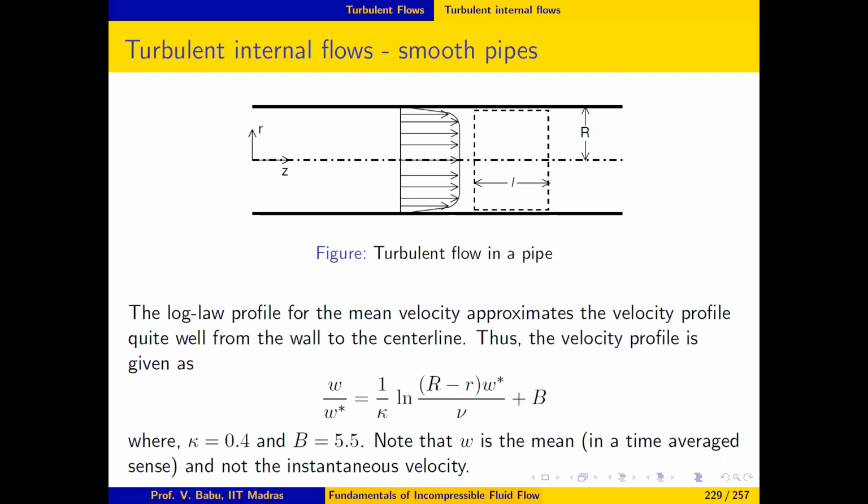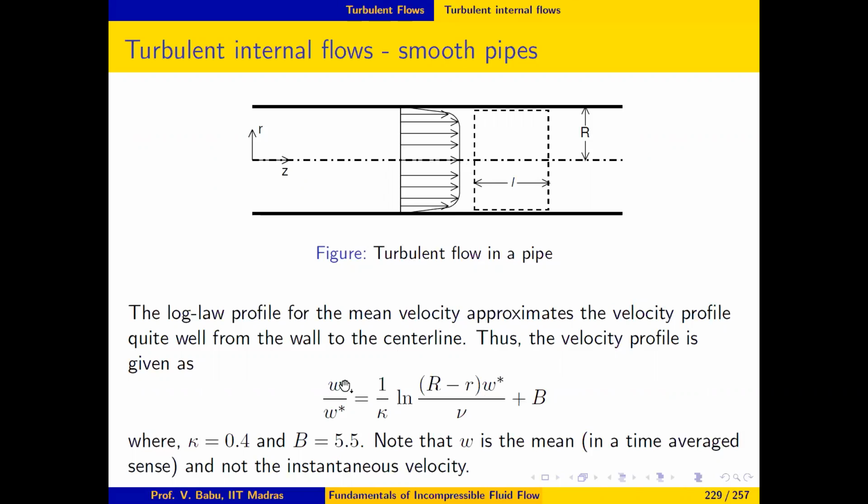We argued that since the log law region in the case of a pipe appears to extend up to y plus greater than 1000 based on experimental data, this log law profile is applicable all the way from the wall to the center line. So we will take a closer look at this solution in this lecture.